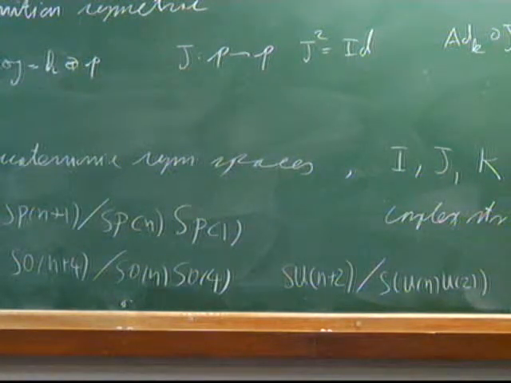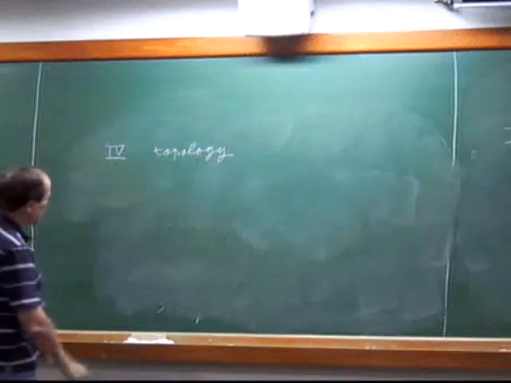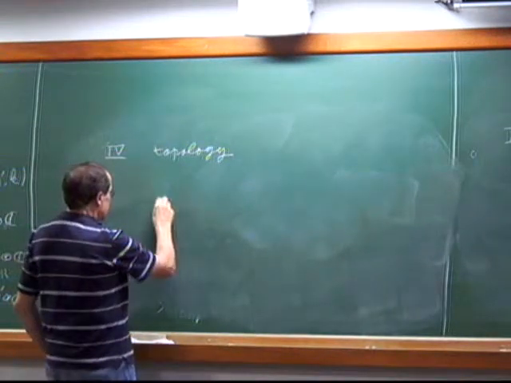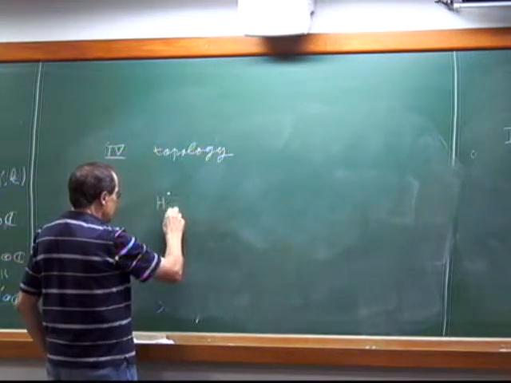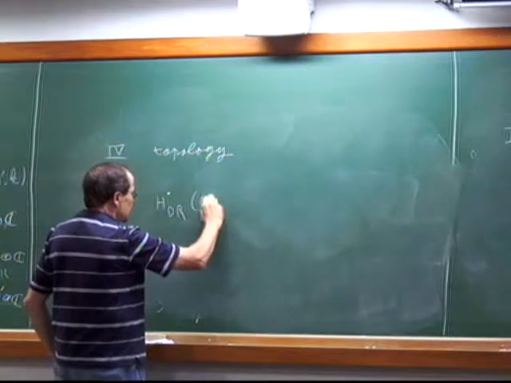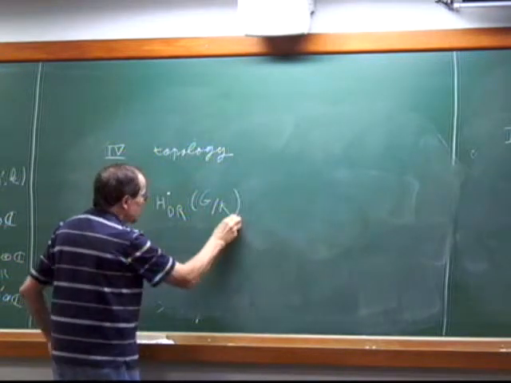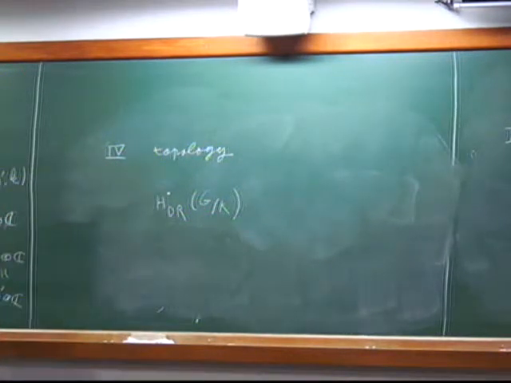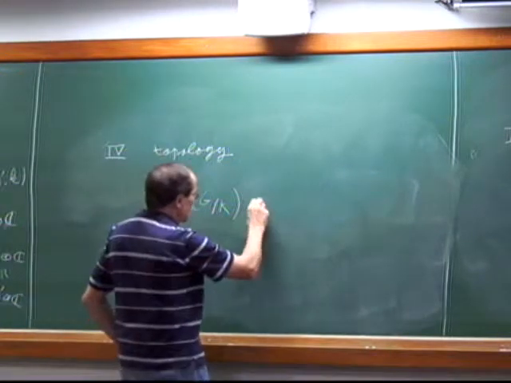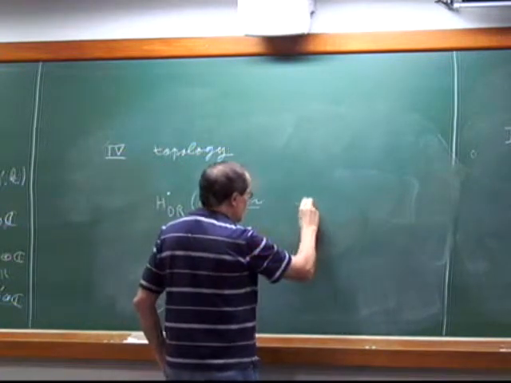Another topic is topology of symmetric spaces. They have all kinds of special properties. Maybe write down one which is kind of nice. There's a nice way to compute the de Rham cohomology of a symmetric space, G mod K, in a very algebraic way. I claim as an algebra, this is isomorphic to the following.